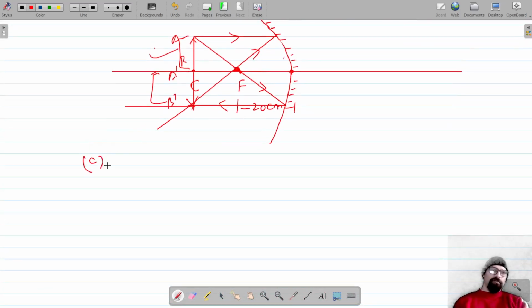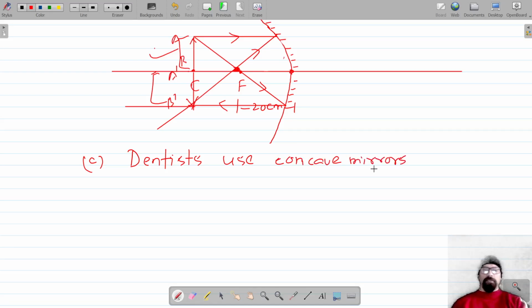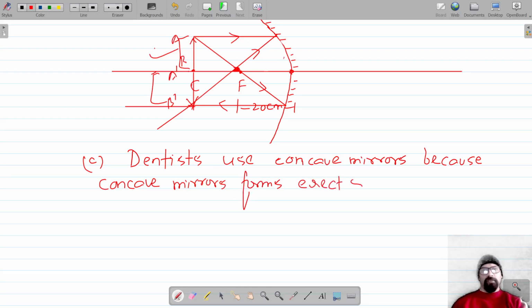Dentists use concave mirrors to see the enlarged view of the teeth, because concave mirrors form not only a magnified or enlarged but also an erect image.